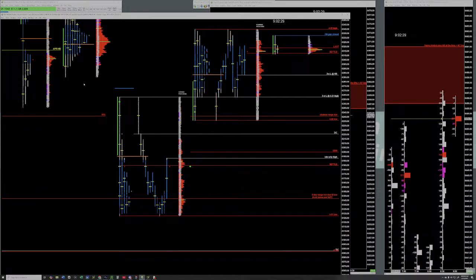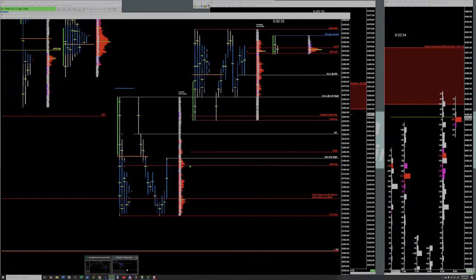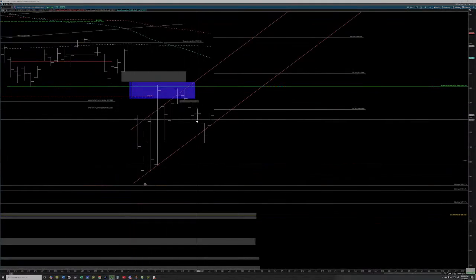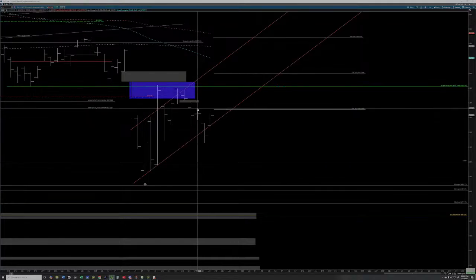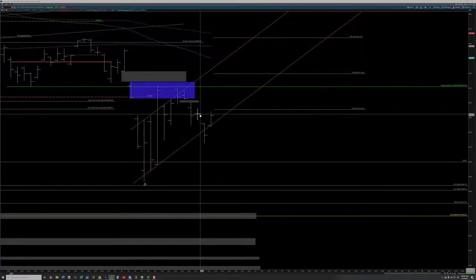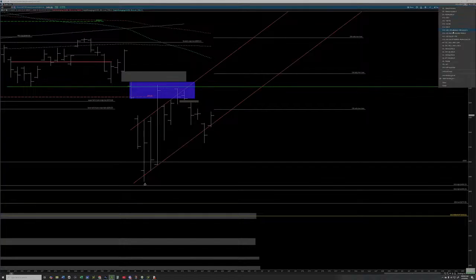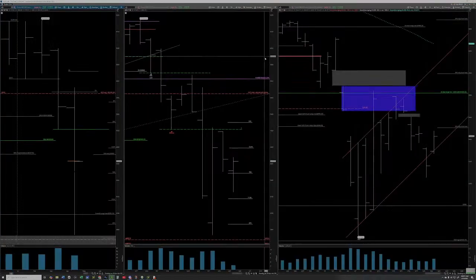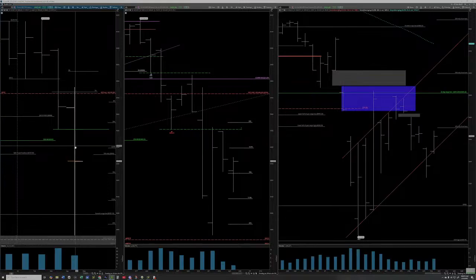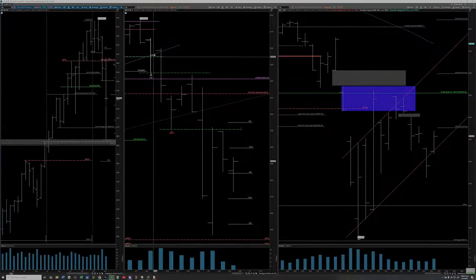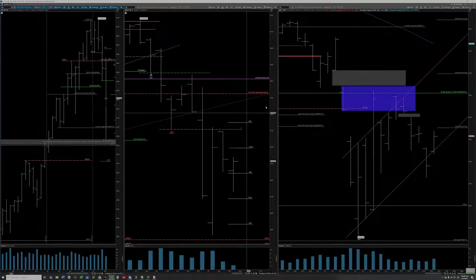First, you have a gap here. Okay, you have a gap here. This was this day here. You have a gap, which is a breakout of an inside bar. An inside bar breakout in a market that is trending lower in the monthly, trending lower in the weekly, all right?